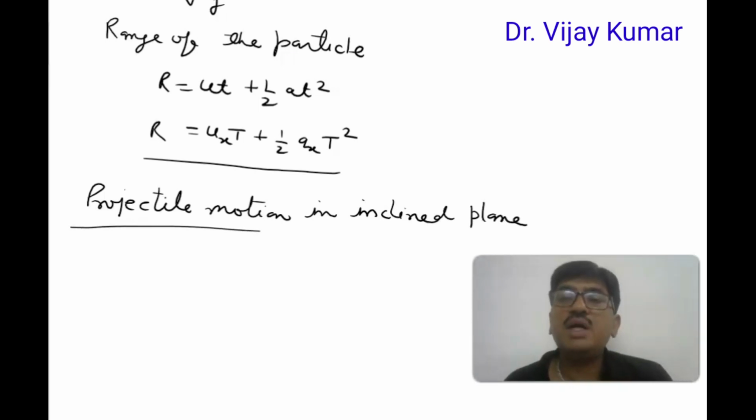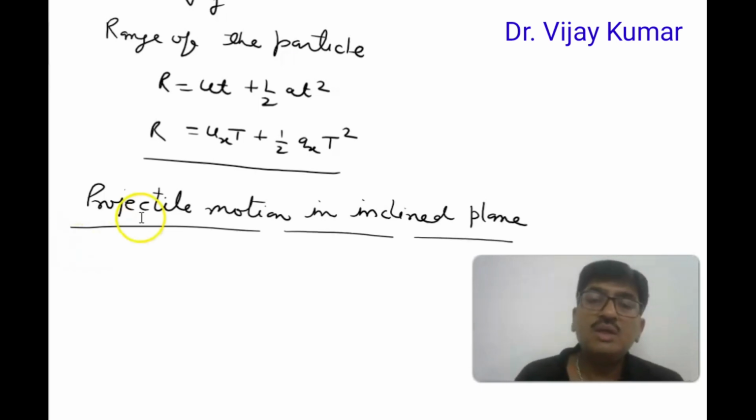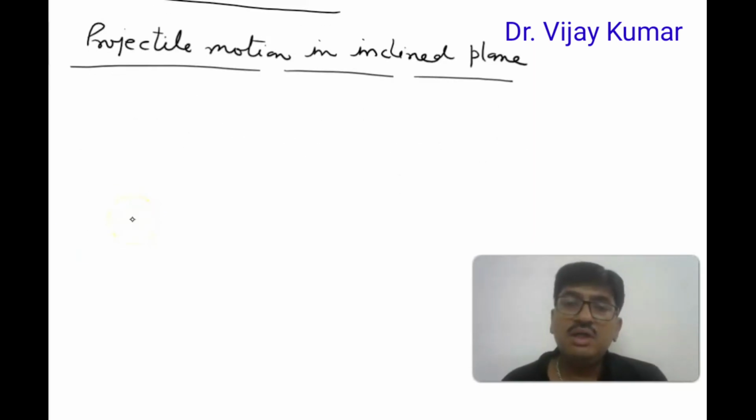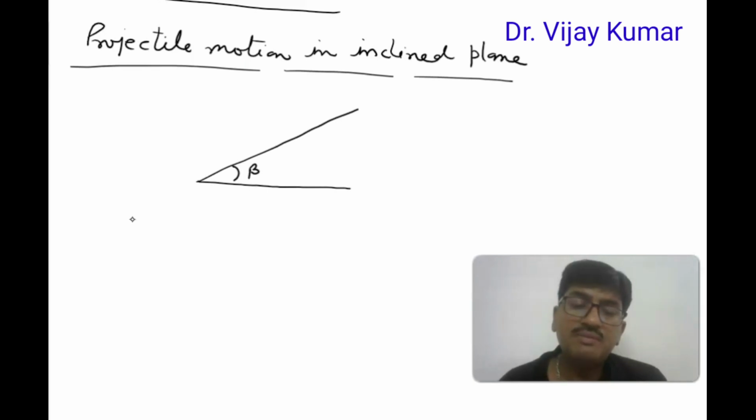In the previous case we have taken the plane absolutely horizontal, but in this case we will take the plane inclined just like this. Suppose this is the angle of inclination, and in this case we know that g should be in downward direction.